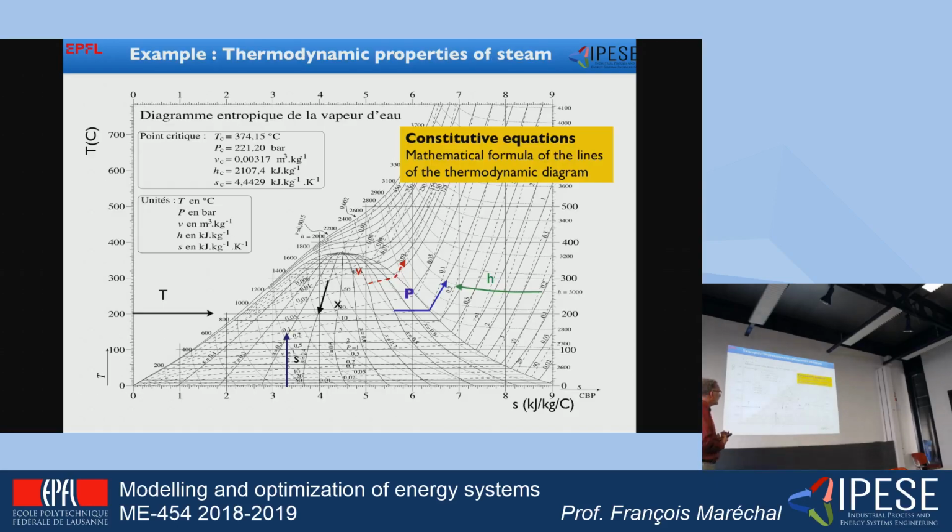The goal is finally to represent what we have here. This is the Mollier diagram for water. You have on the one hand the entropy, on the other hand the temperature here.